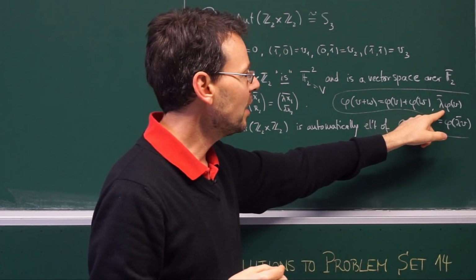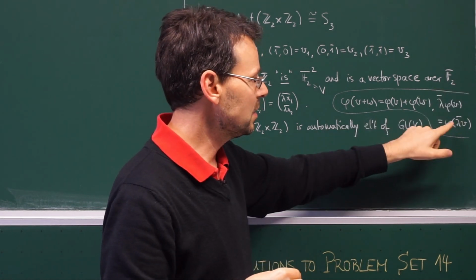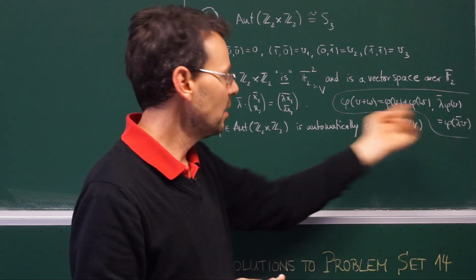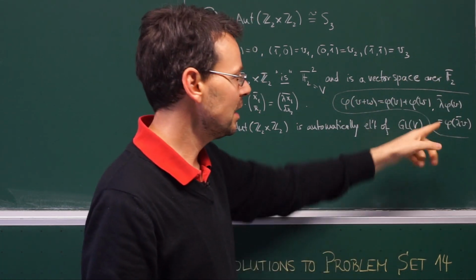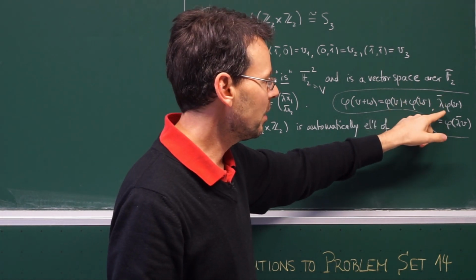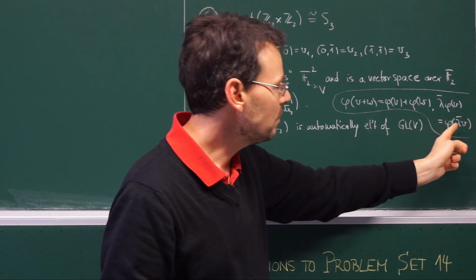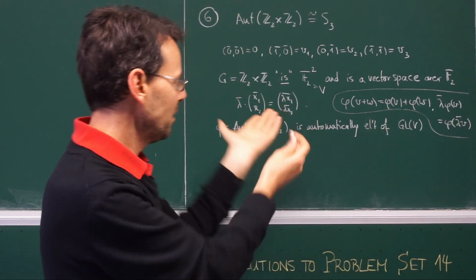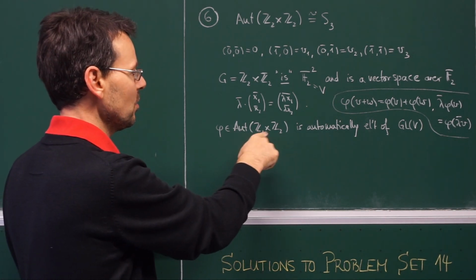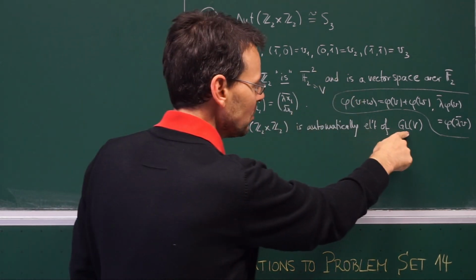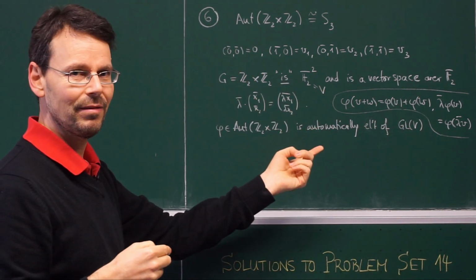So here we have 0: if lambda bar is 0, here we have the 0 vector, and here again, because this is fulfilled, we end up with the 0 vector on both sides. And if lambda bar is 1 bar, here we have phi of v, and here again phi of v, because 1 bar times v is simply v. So trivially, every automorphism of this group is also a bijective linear map from this vector space to itself.